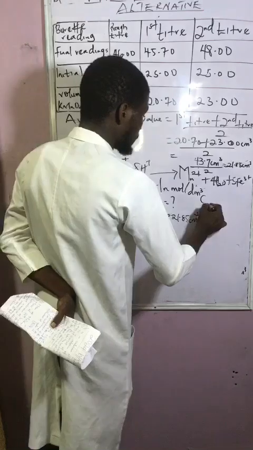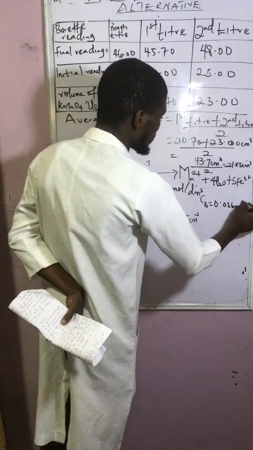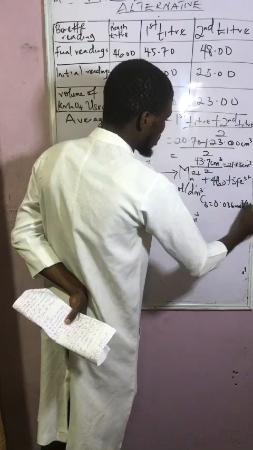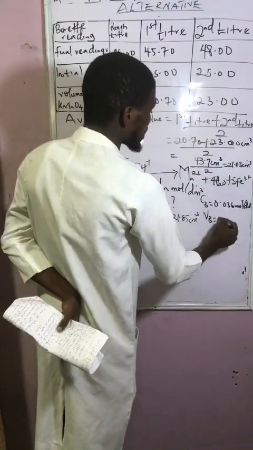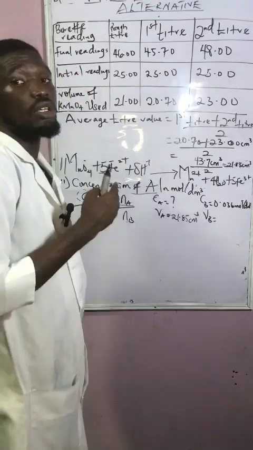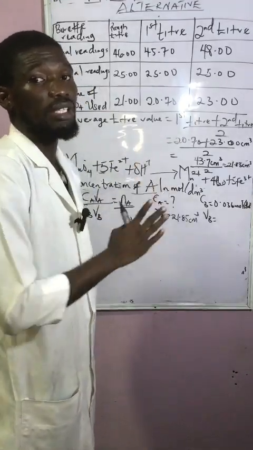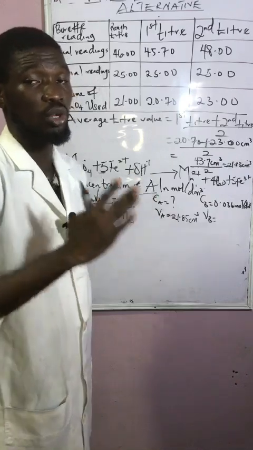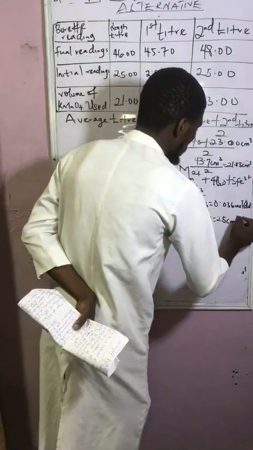Our Cb is 0.036 mole per dm cube, what we calculated the other time. And our Vb is the volume of the pipette used. If your school is using 20 cm cube, stick to that. But based on my research, I'm using 25 cm cube.